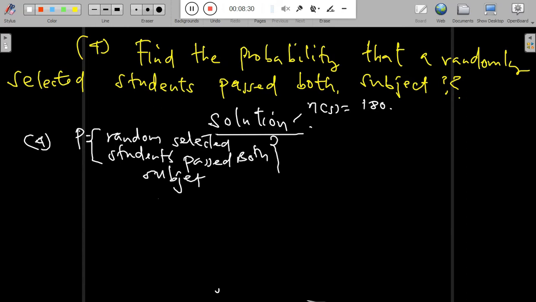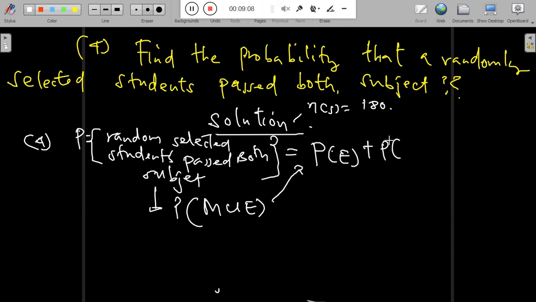The probability of the union is the probability of mathematics union English, where M represents mathematics and E represents English. So the probability of M union E is equal to the probability of E, English, plus the probability of M, mathematics, minus the probability of M intersection E.